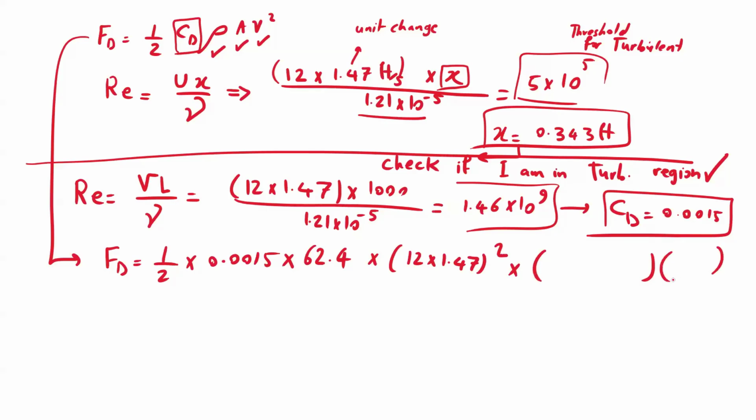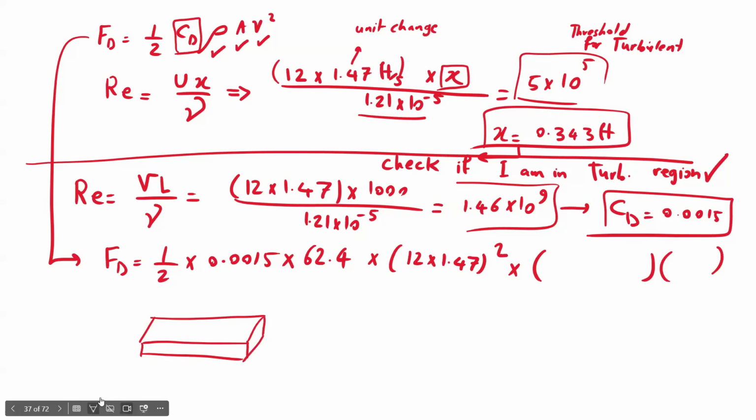Area is a bit tricky, so this is the part that I would like to explain. You have a barge, which is this one. If you take a look at that, you have one surface, which is this one. So the drag is affecting this guy. You have something at the bottom, which is submerged.